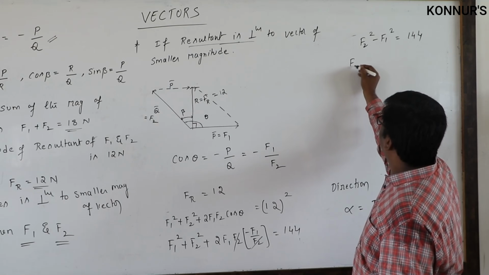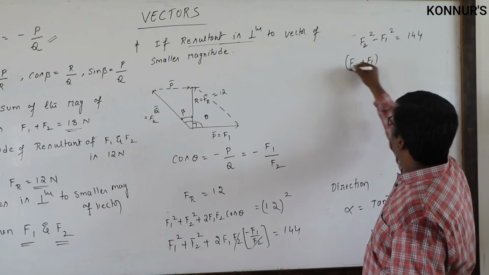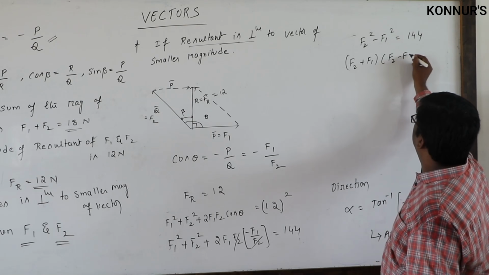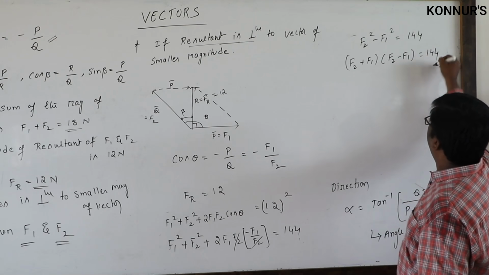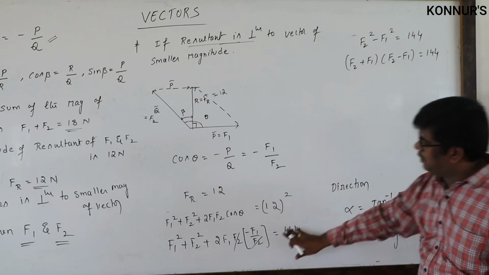Then you can write this as F2 plus F1 into F2 minus F1 equal to 144. This is the result from this simplification.